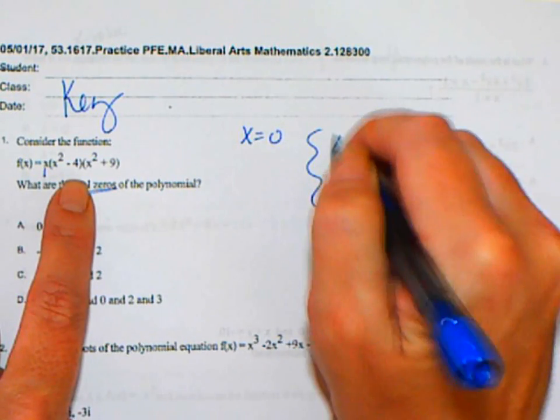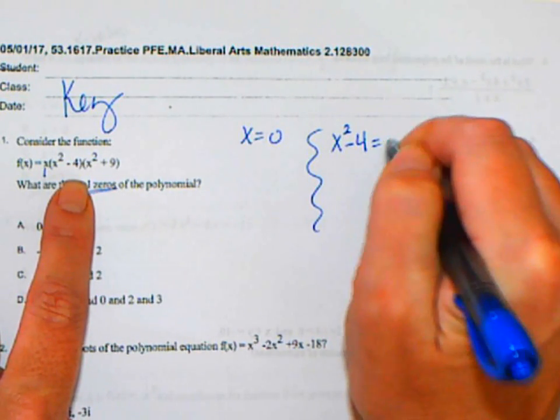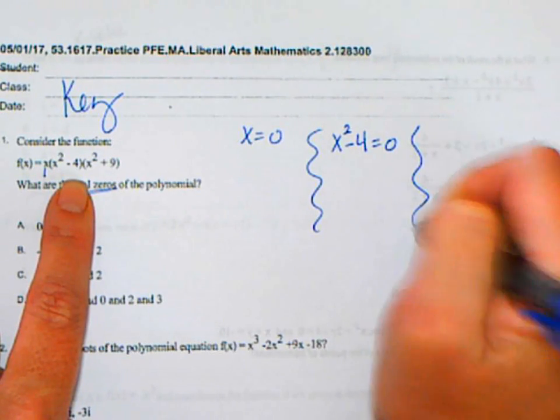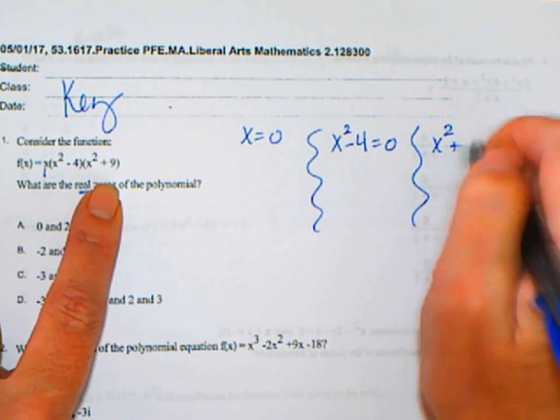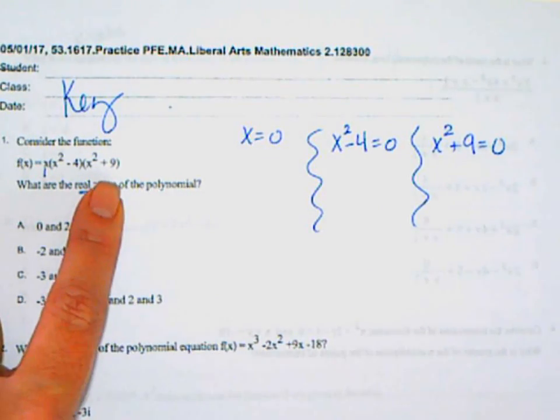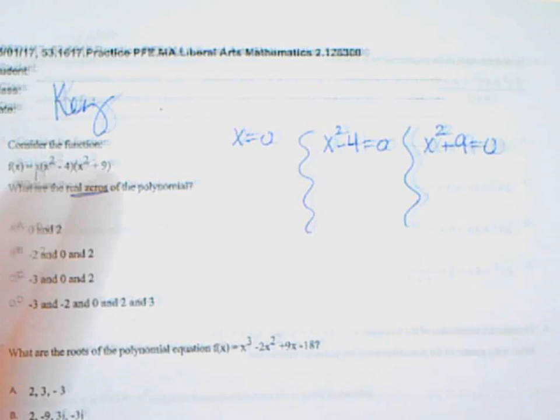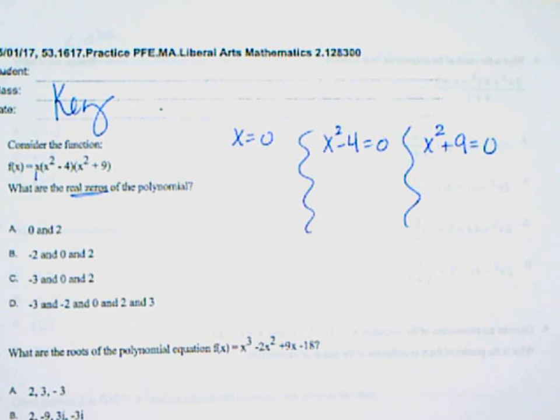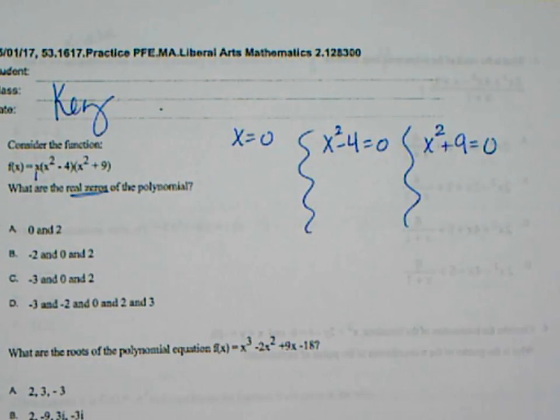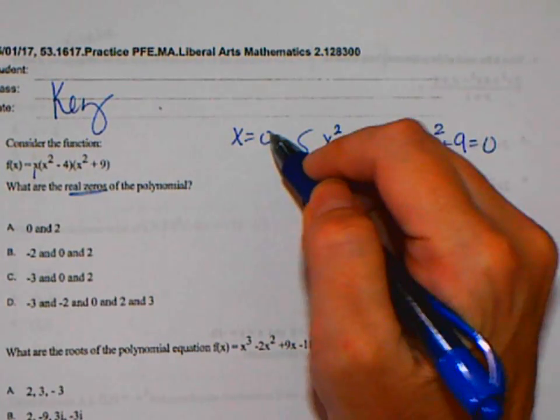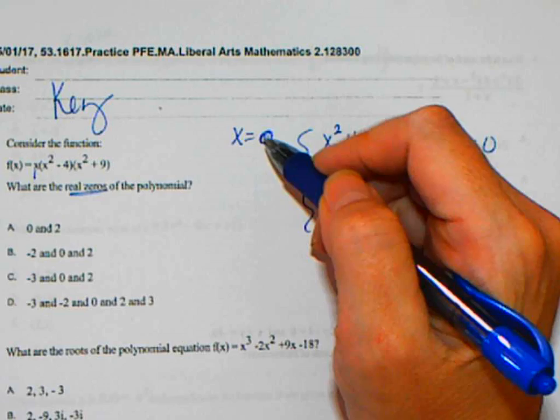x squared minus 4 is a factor. Set it equal to 0. And x squared plus 9 is a factor. Set it equal to 0. And then I'm going to solve for x for each one of those, see which ones are real solutions.